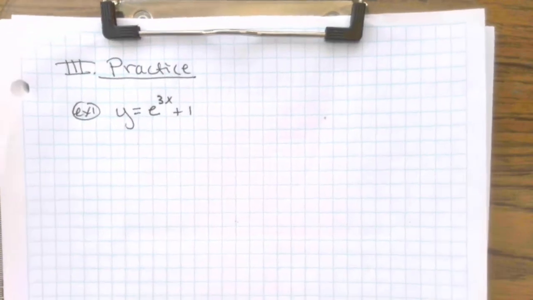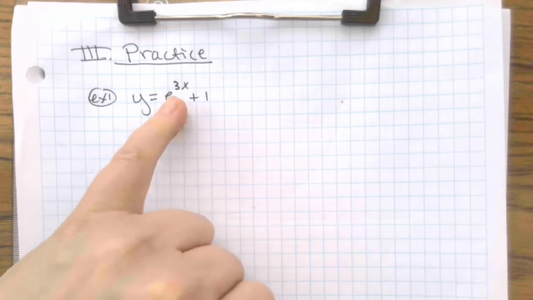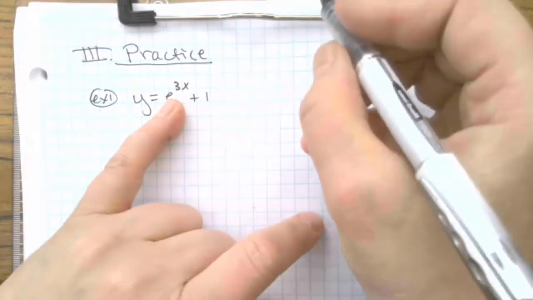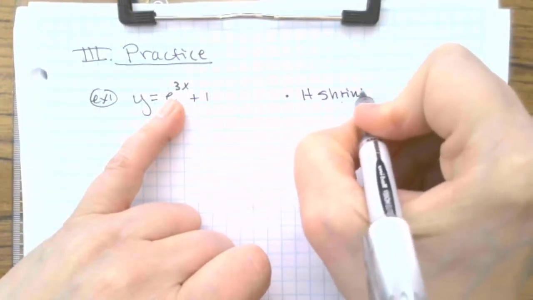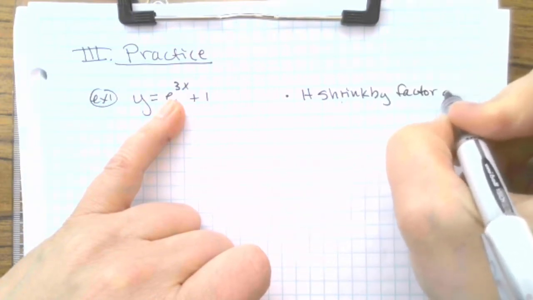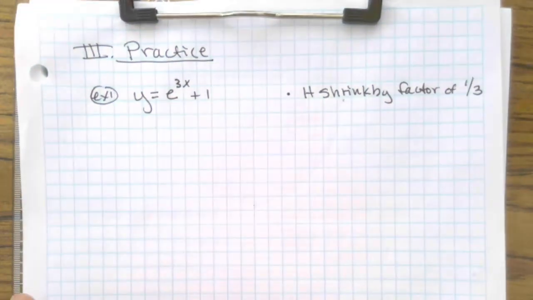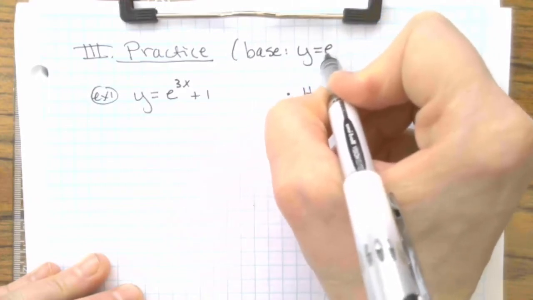Okay, so first thing we're going to do is describe the transformations. Remember, you always start with the x's first. This value has been multiplied by 3. So we have a horizontal shrink by a factor of 1/3. And again, we're comparing, the base graph of this, of course, is y equals e to the x.